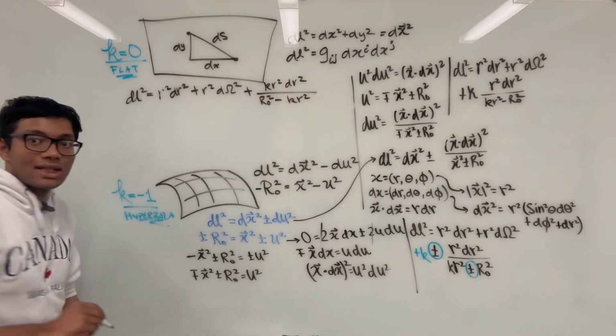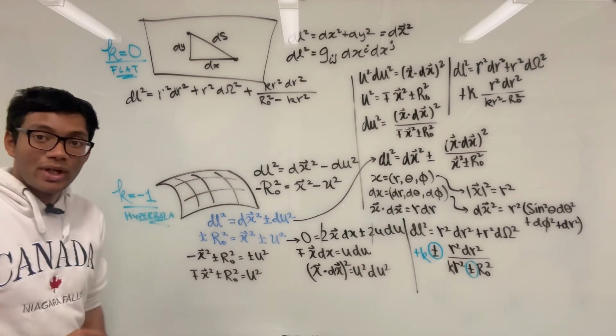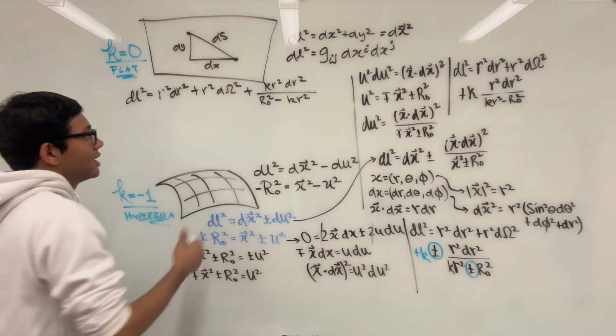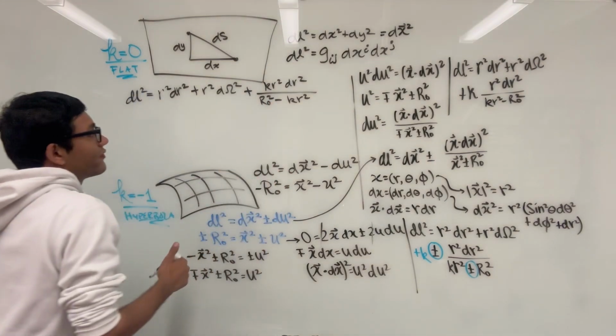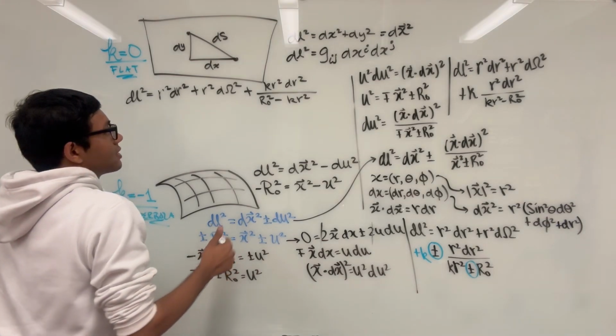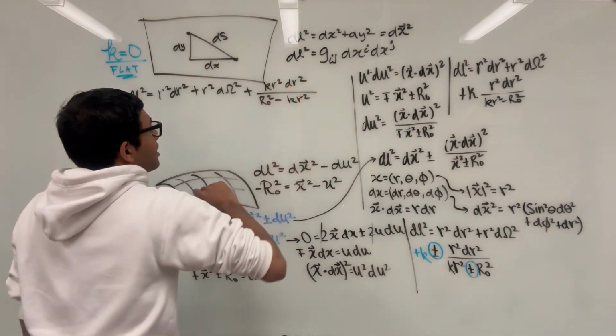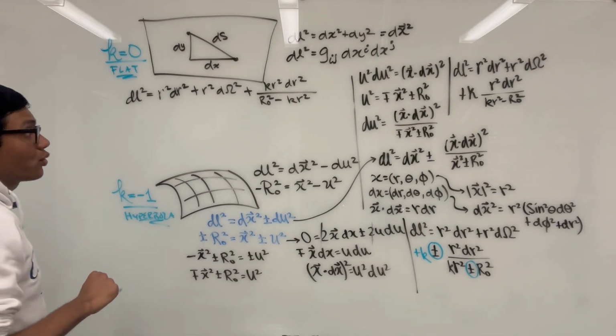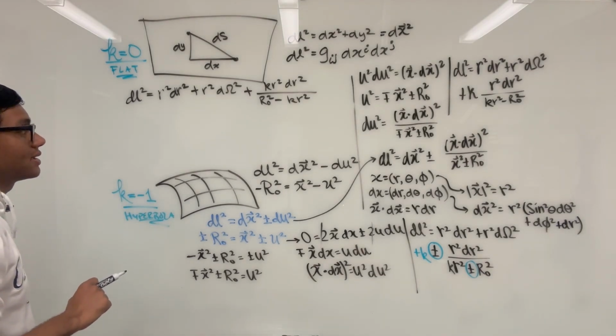I know what I'm doing is technically illegal. Don't shoot me in the face. Oh, wait, you can't because you're on the other side of the screen. So what I'm going to do is divide both the top and the bottom by 1 over k r squared. And so let's see.